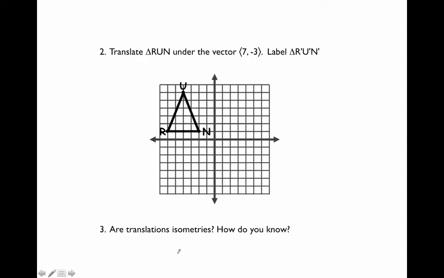So this one, we want to translate the triangle RUN, and the vector is 7, negative 3. So each one of these points goes to the right 7 and then down 3. So for U, 1, 2, 3, 4, 5, 6, 7, down 3, 1, 2, 3. U prime. Well, my U is tiny and my prime is huge, but that's fine.